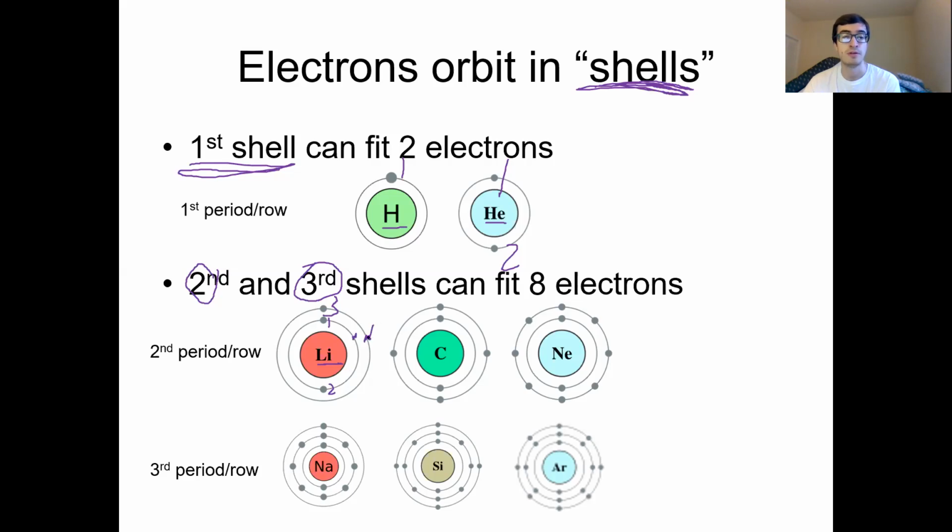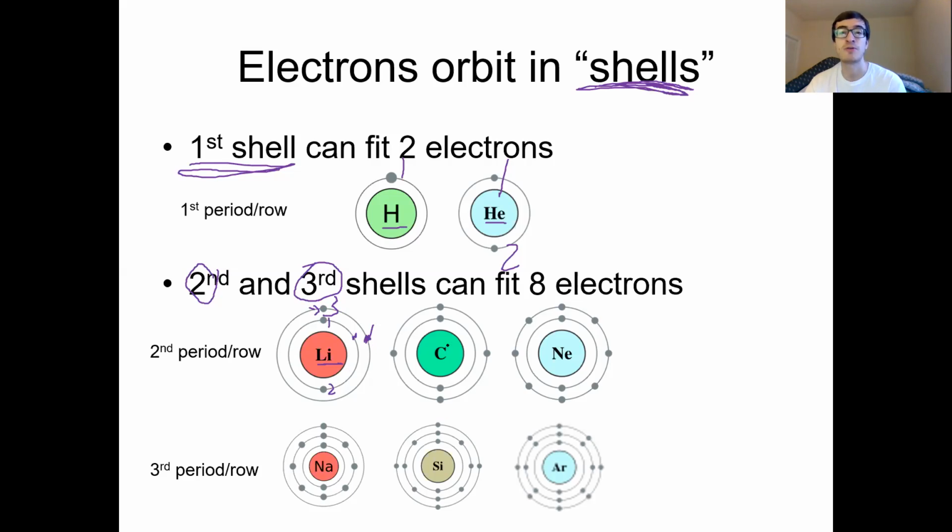So we have 2 shells. First shell can fit 2, second shell can fit up to 8. Obviously, lithium doesn't have 8 or 10 electrons to go around. It only has 3. So the third electron gets to go all by himself on the outer shell out here.